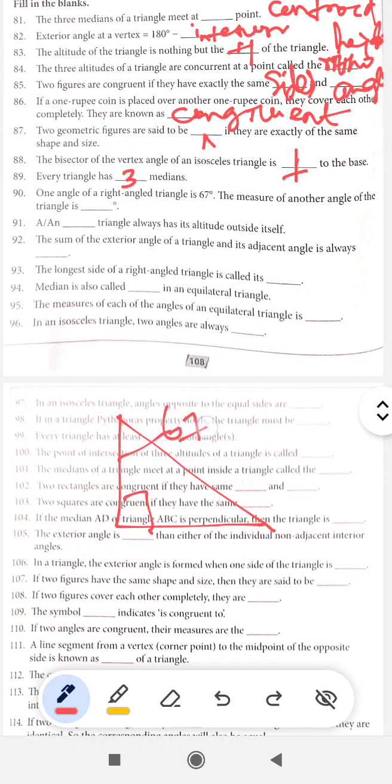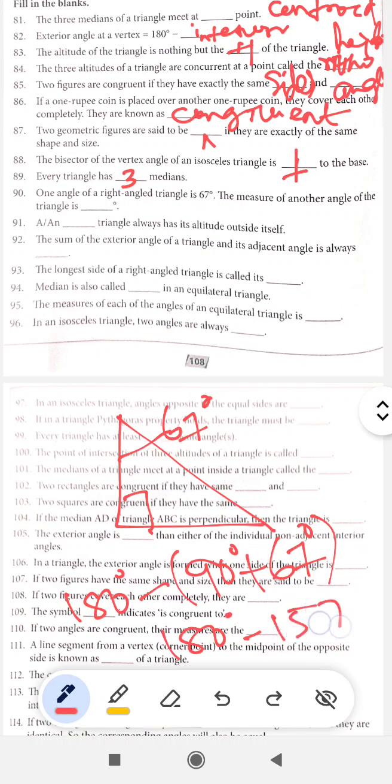So the measurement of the other angle of the triangle is 180 degree minus the sum of 90 degree and 67 degree, that is 180 degree minus 157 degree. That is 23 degree.